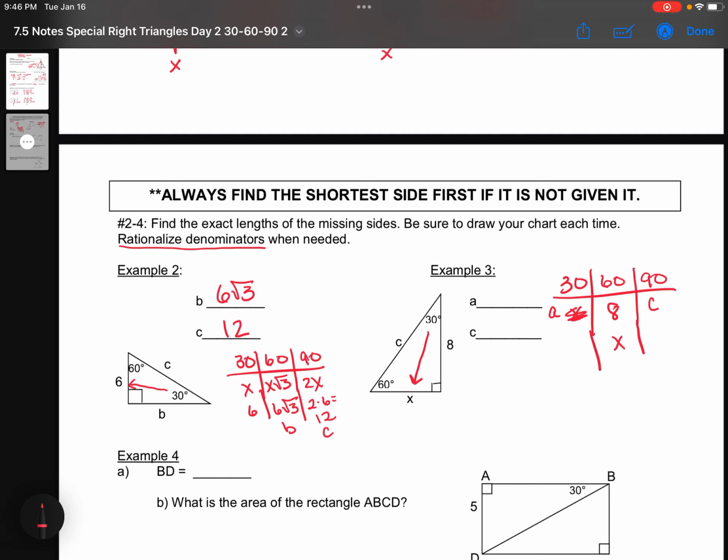Okay, so if 60 degrees is a whole number, then we have x times the square root of 3 over 3. Dang, I hate it when this happens.